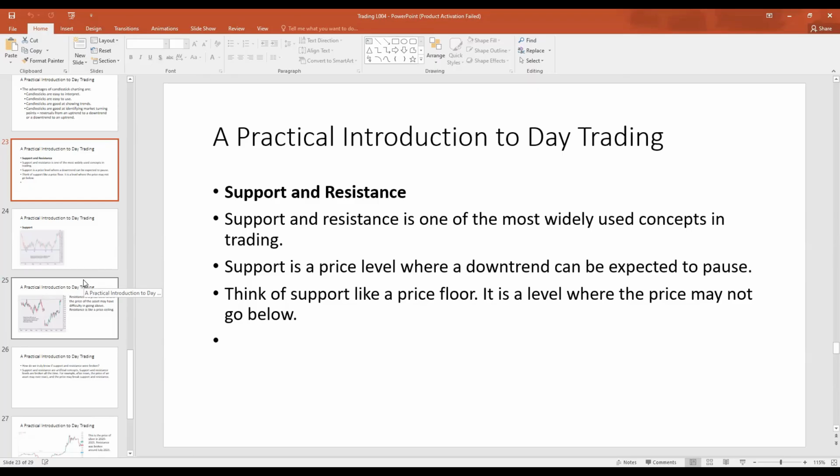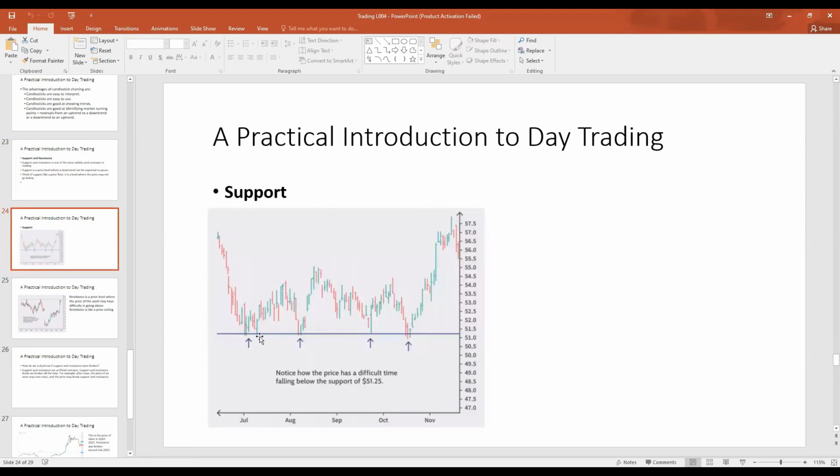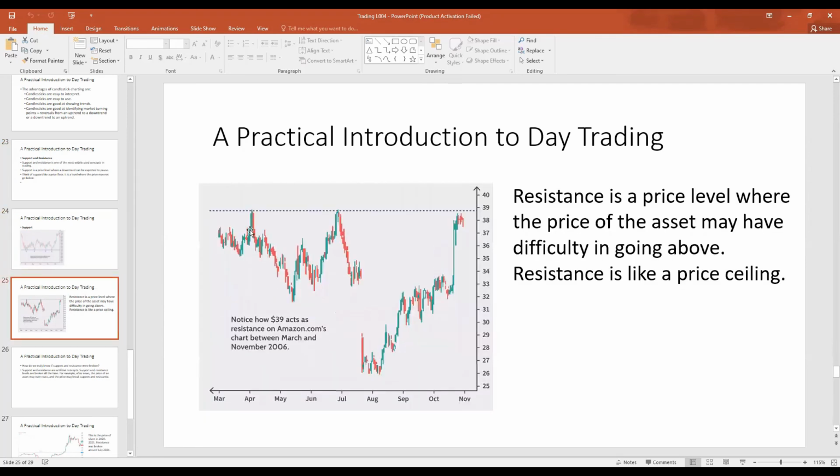Just remember, resistance and support are price levels where the price of the asset may experience difficulty in going above or going below. This is support. This is a price level where the price of the asset may experience difficulty in going below. This is resistance. This is a price level where the price of the asset may experience difficulty in going above. However, from time to time, the price of the asset may break resistance or break support.